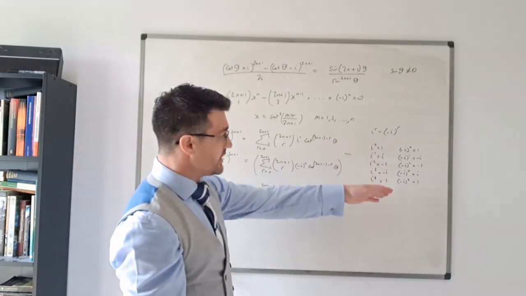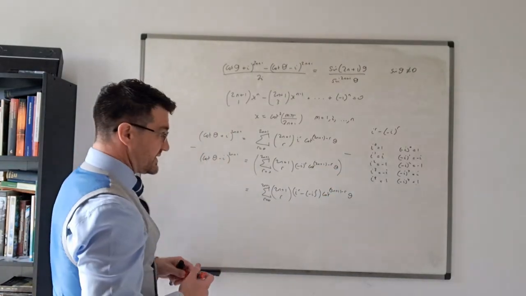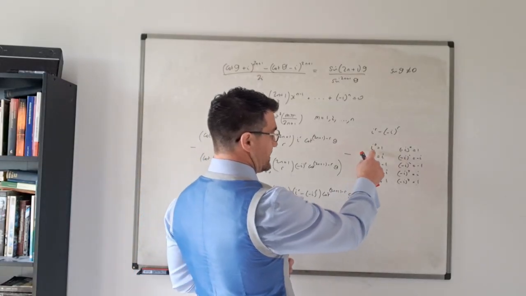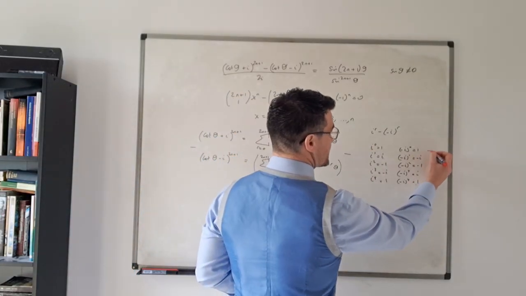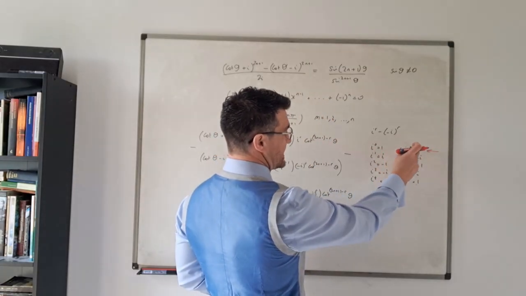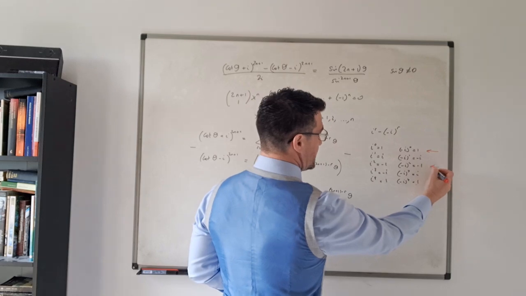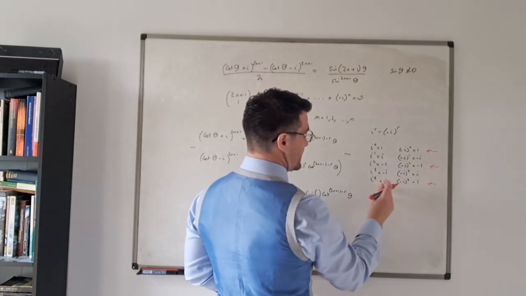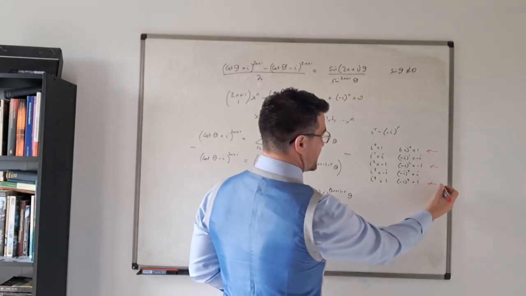This is nothing new. But the point is that for even powers, we've got equality. i to the 0, minus i to the 0, both equal to 1. i squared, minus i squared, both equal to minus 1. i to the fourth, minus i to the fourth, both equal to 1.